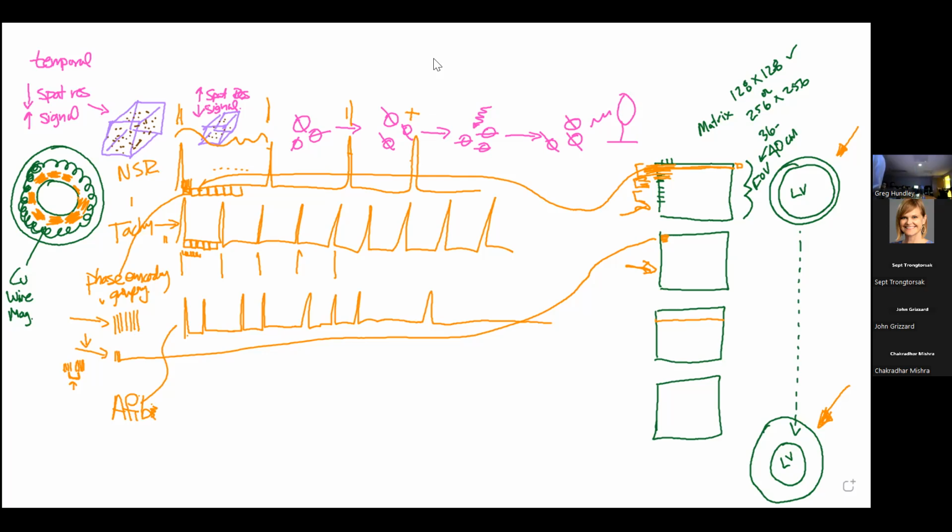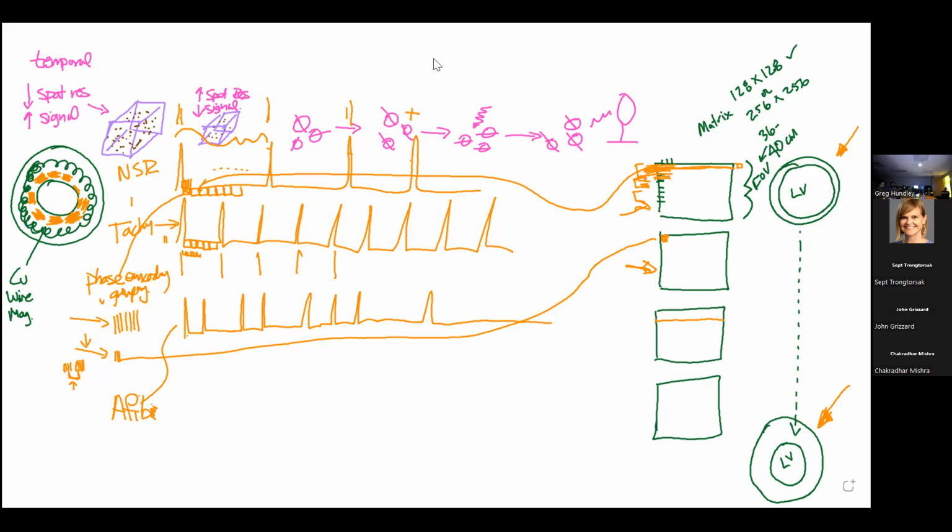So one of the things we've been talking about, with all this gradient stuff and changing them and the TR and all this stuff, is that we are assuming the RR interval was regular. So that's nice because the heart is going to be at the same spot over time with each heartbeat. Well, now we got a new problem. We have an irregular heart rate. So do we not do cardiac MRI?